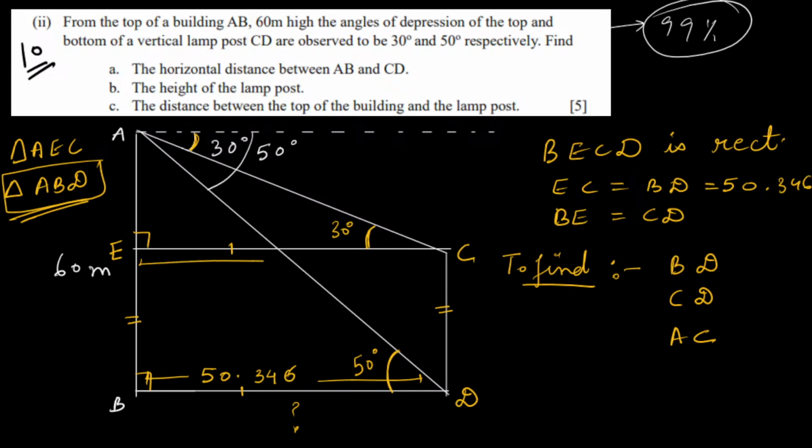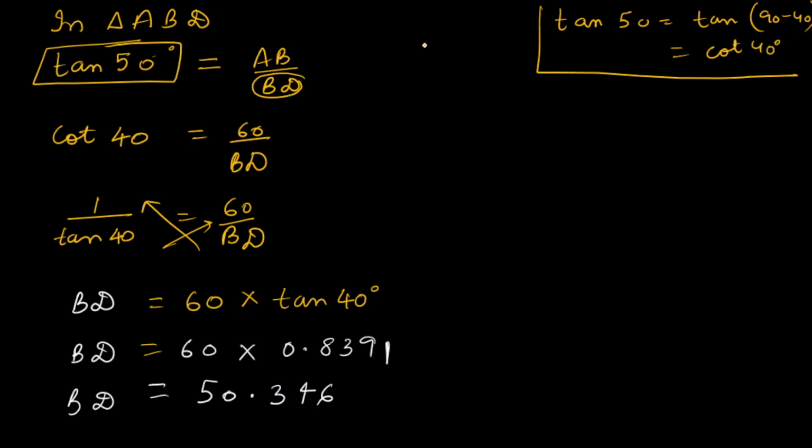So EC is also this much only because it's a rectangle, 50.346. Now we can use the other triangle, because in the other triangle we can find AE now. So I'm using triangle AEC.